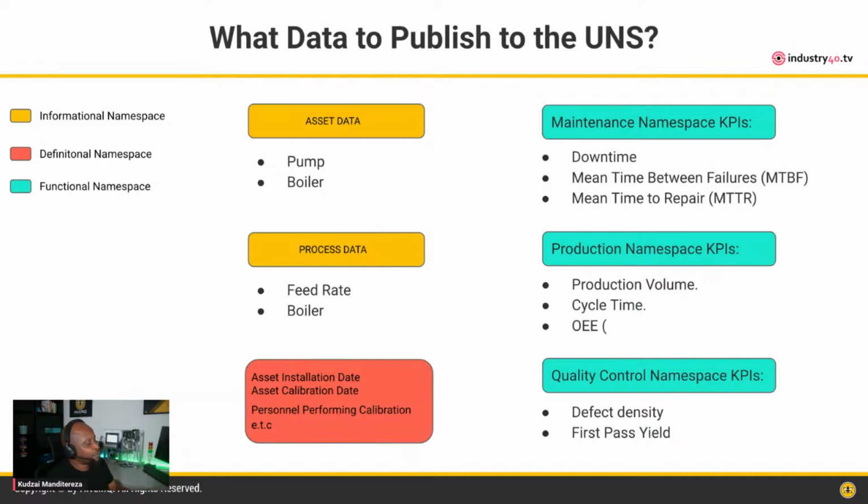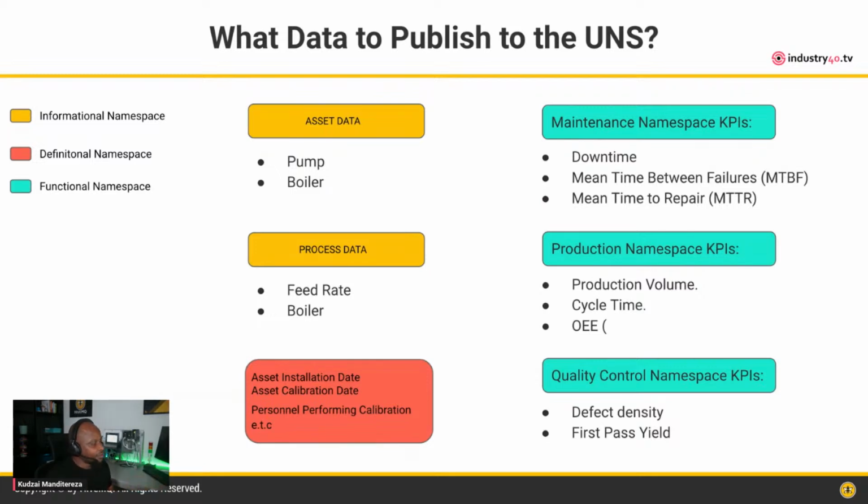There's informational namespace, definitional namespace, and then functional namespace. So these are the different kinds of namespaces that you need to plug into your unified namespace as events. Because here, basically, your unified namespace is a collection of small namespaces that you collect from your operations network, right?